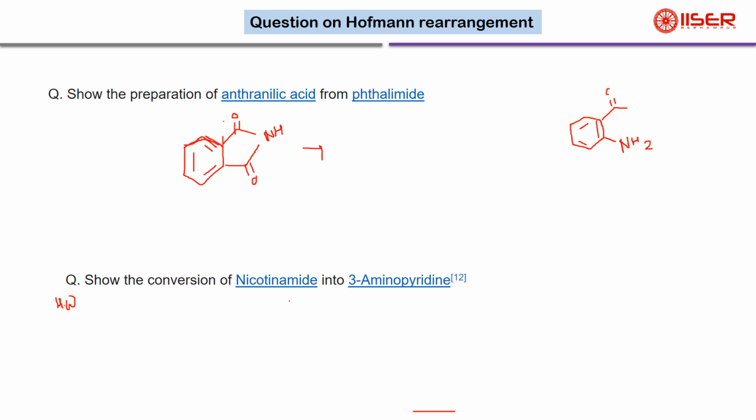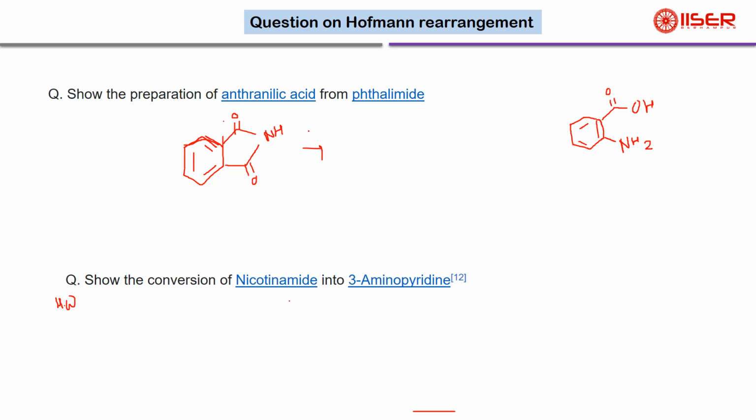You know about anthracene? It's from anthranilic acid only. So this is 2-aminobenzoic acid. This is called anthranilic acid. So how will we get this anthranilic acid from this phthalimide? Let's go step by step.